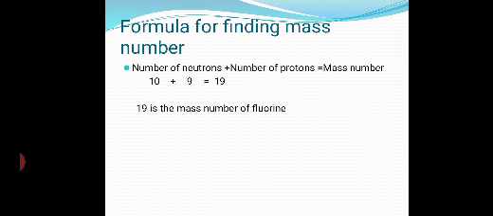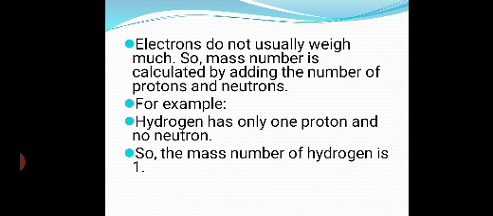Let's suppose an element has 10 neutrons plus 9 protons, then we will get a mass number of 19. 19 is the mass number of the element fluorine. Electrons do not usually weigh much, so mass number is calculated by adding the number of protons and neutrons.